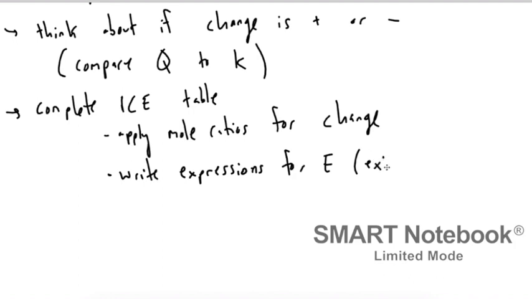An example might be what we did earlier, where your initial concentration minus maybe your change was 2x or something like that. That's going to be an equilibrium expression, right?